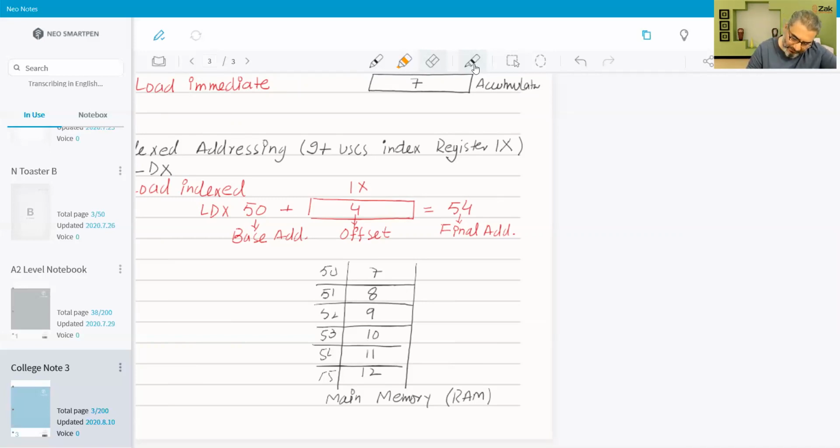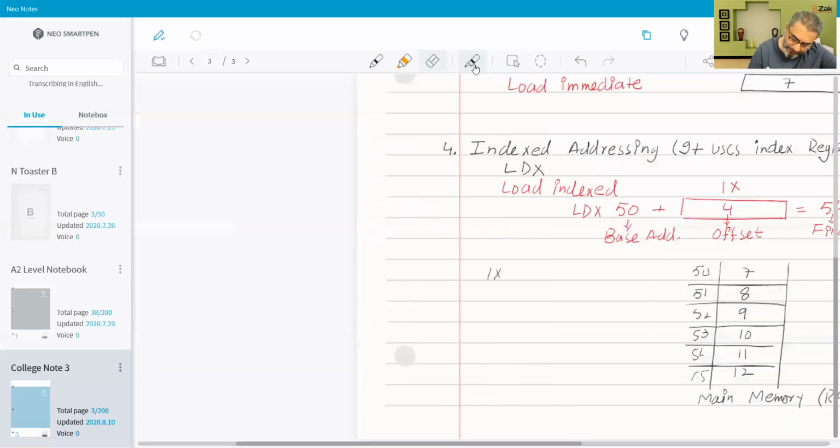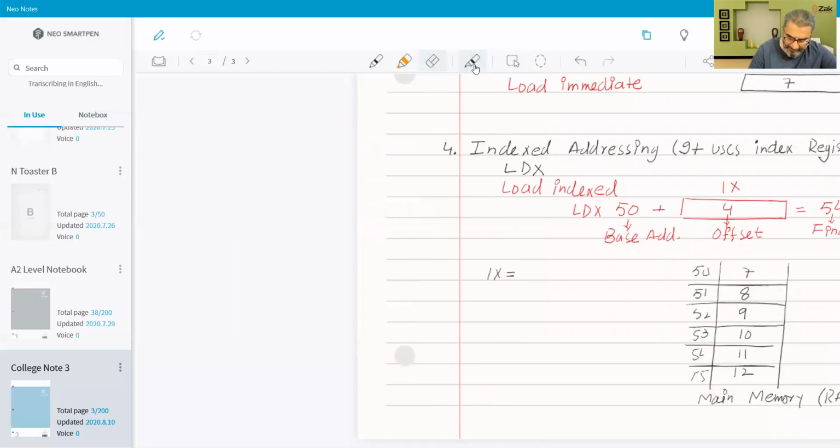Let's say the index register is 3 and I pass this instruction ldx 50.